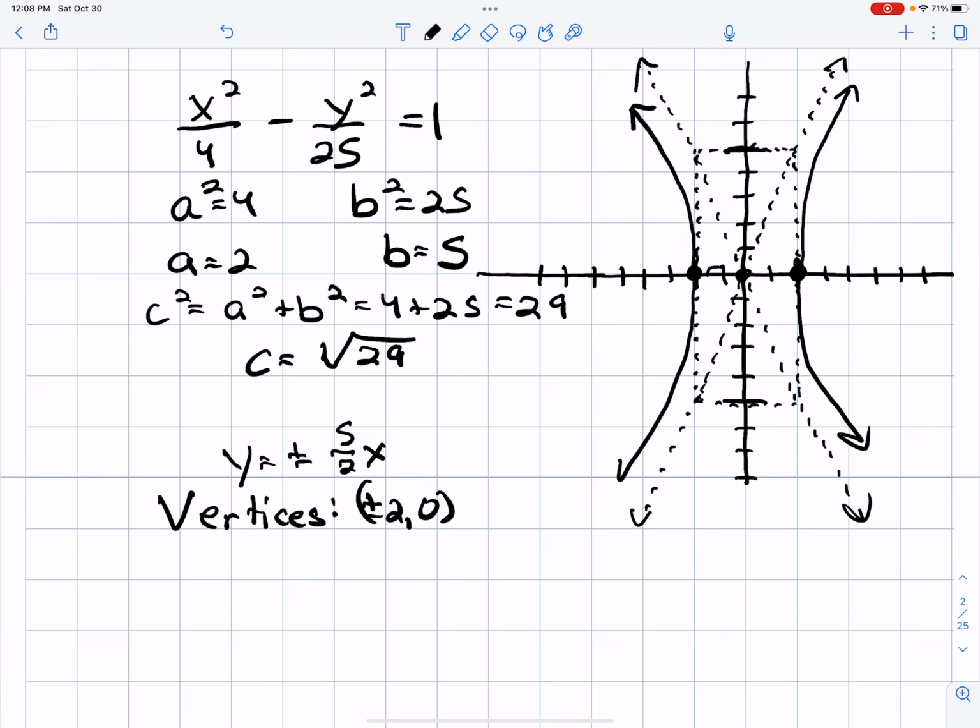So the stuff in the dotted lines isn't actually part of the graph. That's guides. I mean, unless you think about the asymptotes, they are technically a part of this, but they're guides to help you figure out where to draw the curves and how wide to make them and that kind of thing.